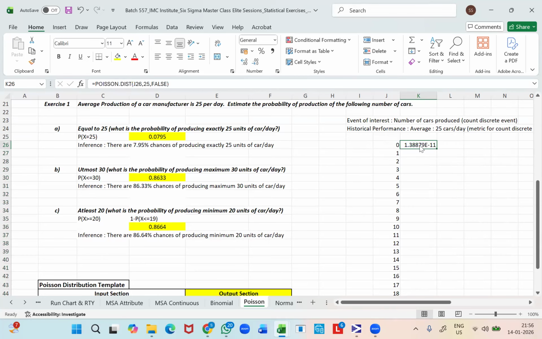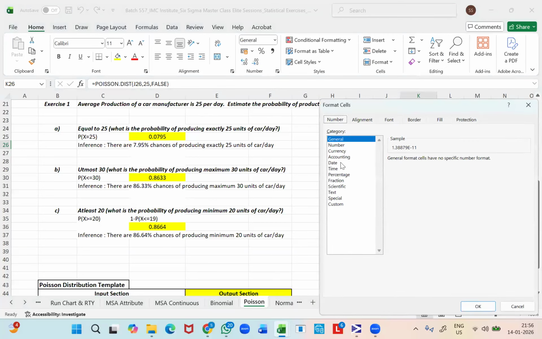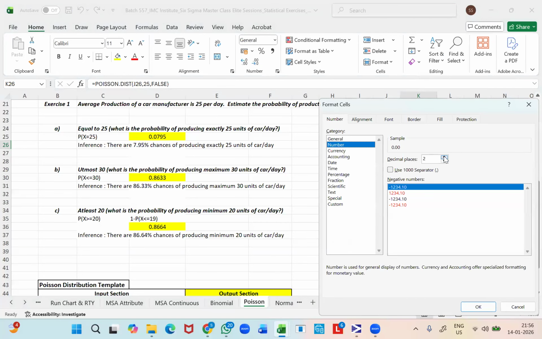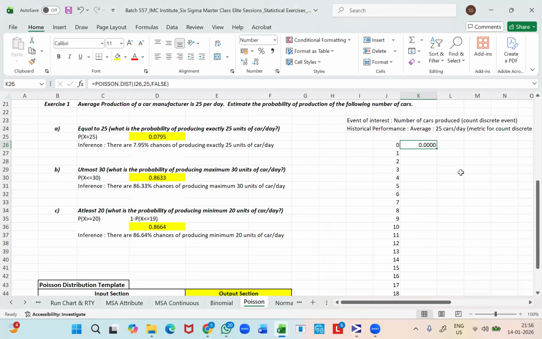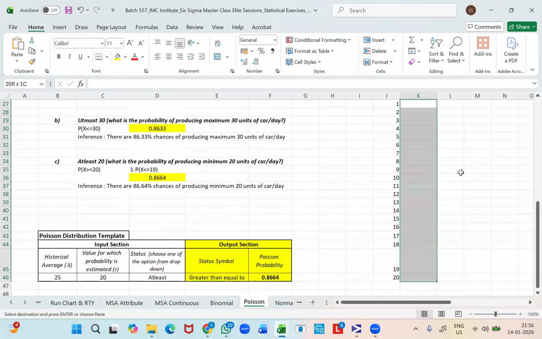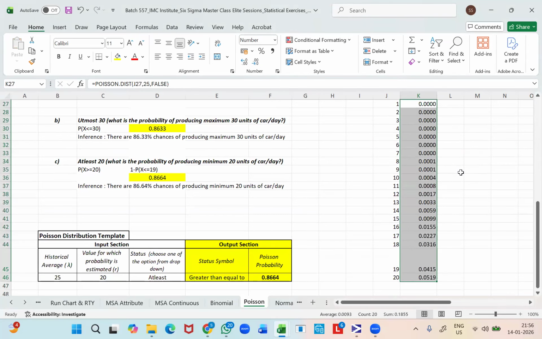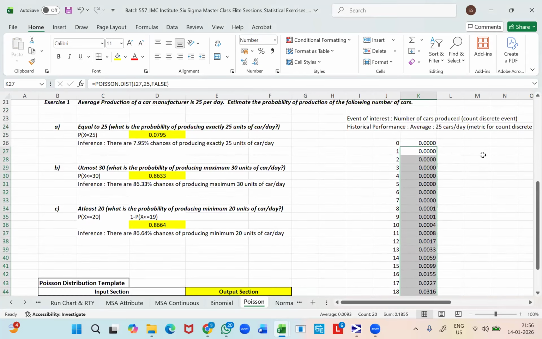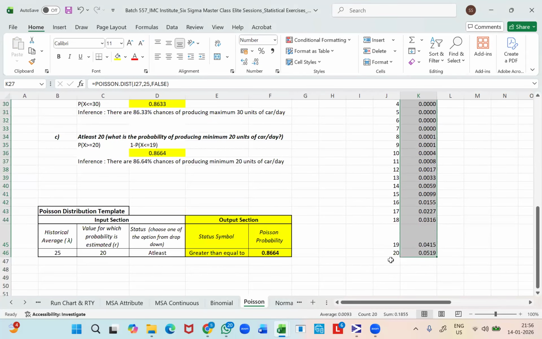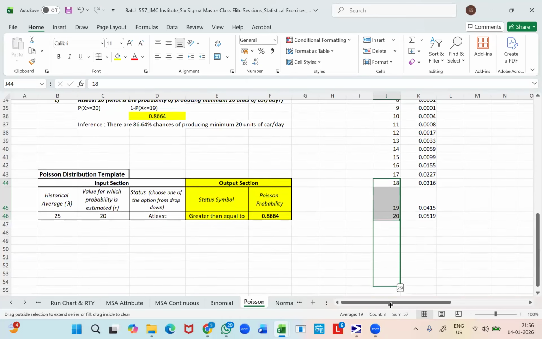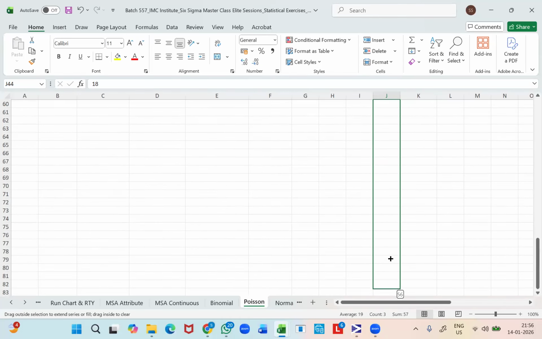So we need to change this to a number format, 4 decimals. Let me just copy paste. So it has to be beyond this. Let me give up to 50. Let's see.